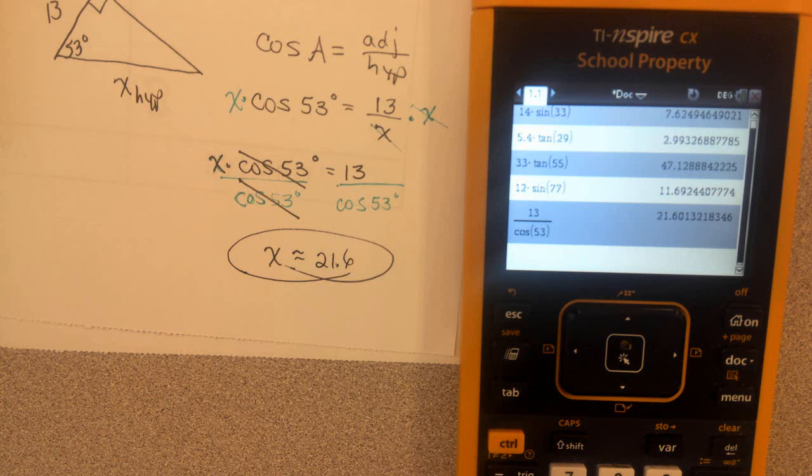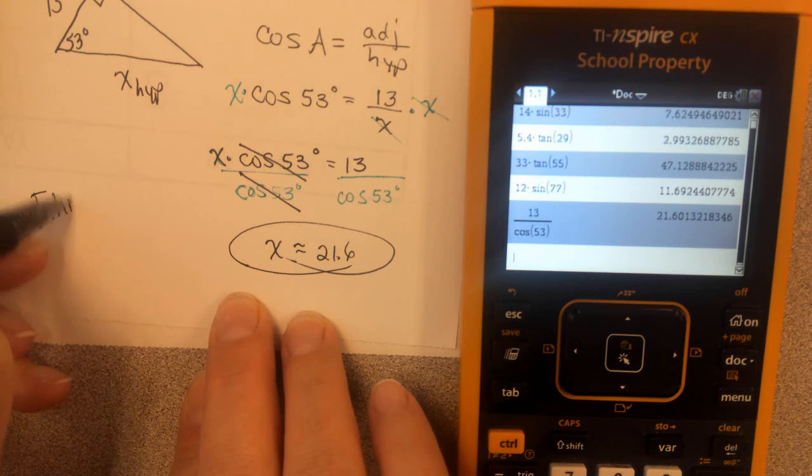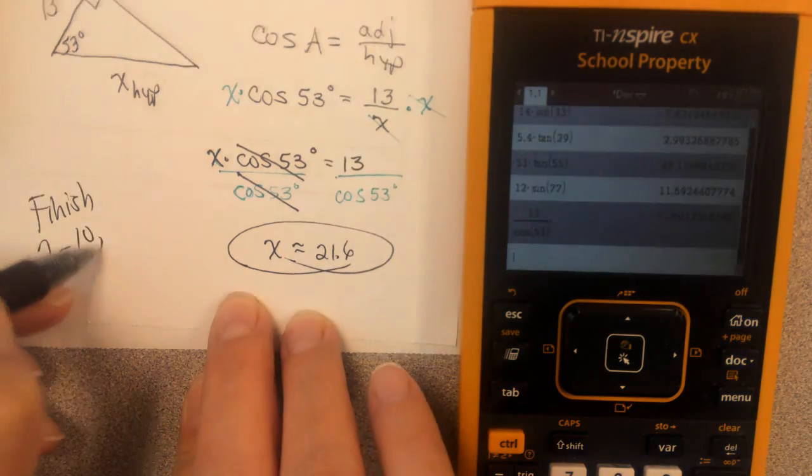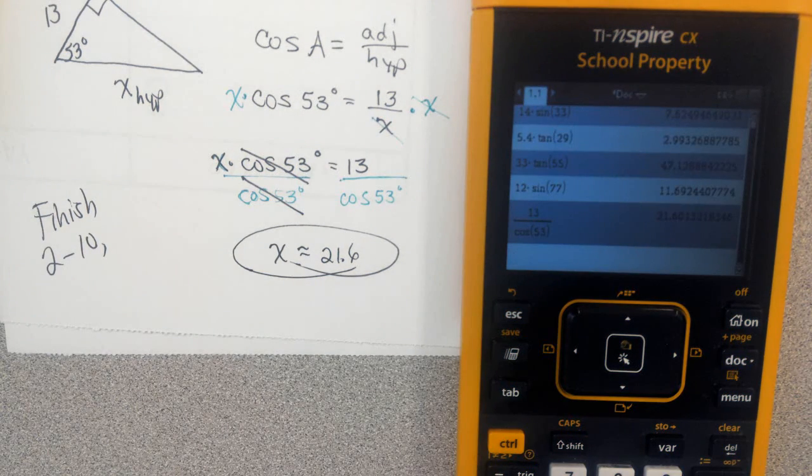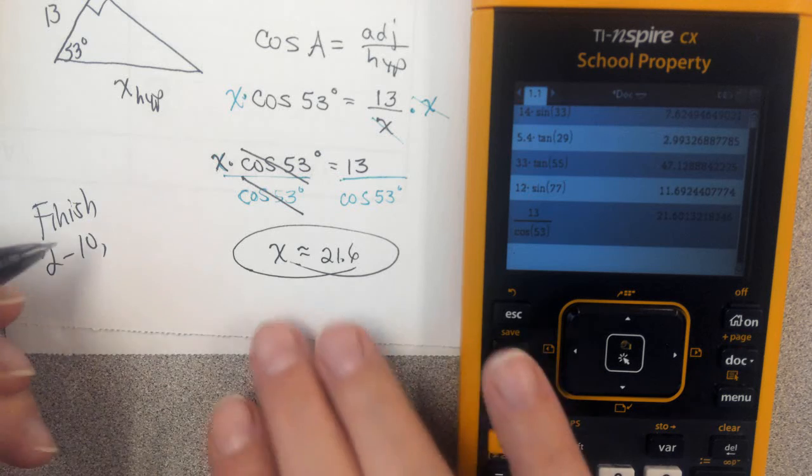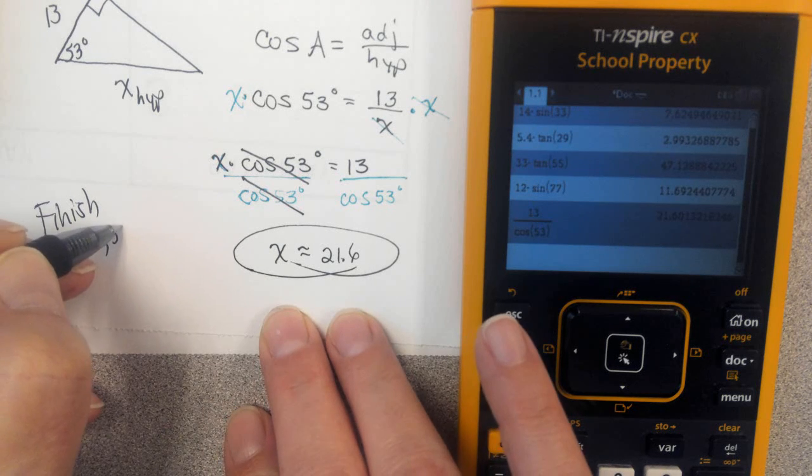Okay, that leaves 9 more problems on that page for you to finish. So you're going to finish numbers 2 through 10, and then you're going to skip past page 17 and go over to page, it's actually a 3-page document. You're going to go over to page 18 and do a couple of word problems. So you're going to do 23. So you'll need a picture for that one.